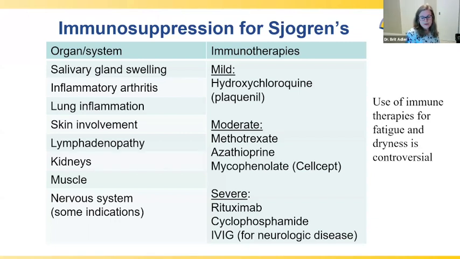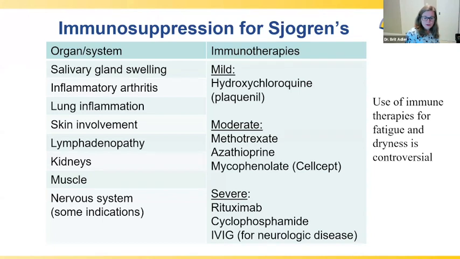There are multiple immunosuppressants or immune treatments that can be used for Sjögren's. For more mild disease, Plaquenil or hydroxychloroquine can be considered. And then when it's more severe, that's when we reach for immunosuppressants, which are oral drugs like methotrexate, azathioprine, or mycophenolate or CellCept.